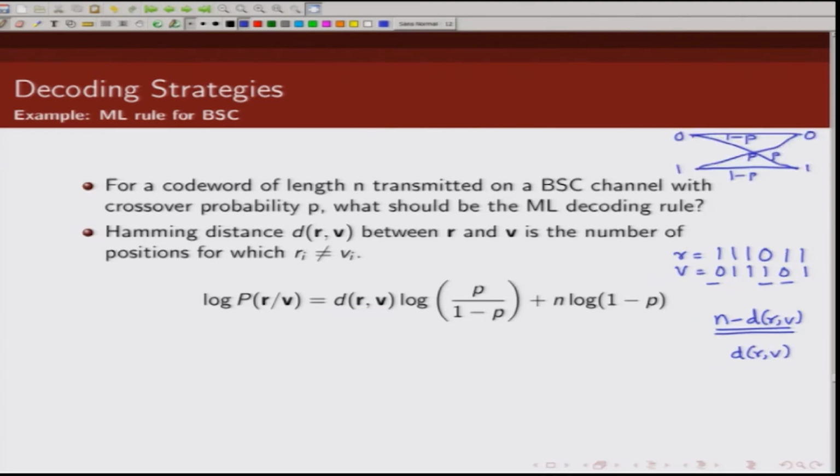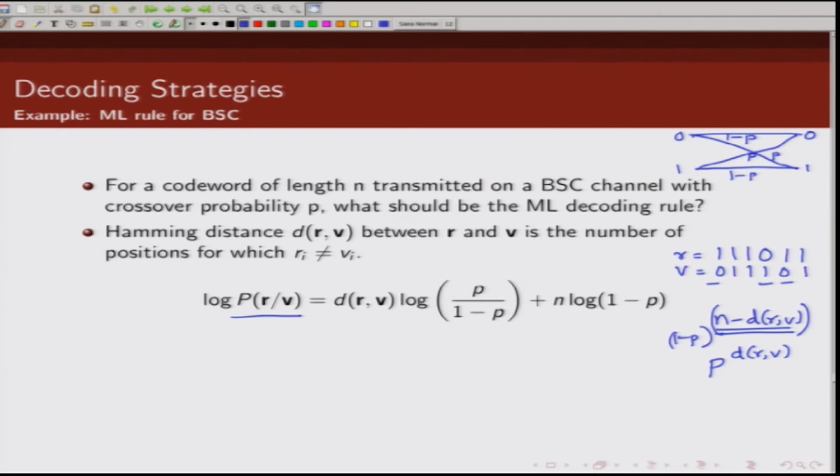So, what is the probability that d bits got flipped? That is given by p raised to the power d(R,V), and the probability that n minus d bits were received correctly is given by 1 minus p raised to the power n minus d. So, we can write probability of R given V as p to the power d times 1 minus p to the power n minus d.